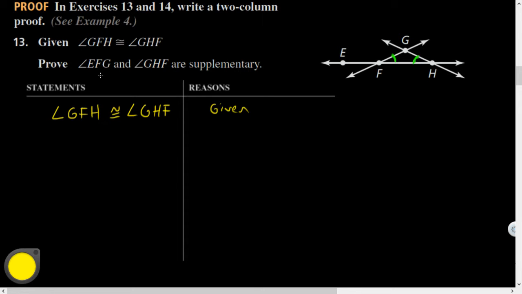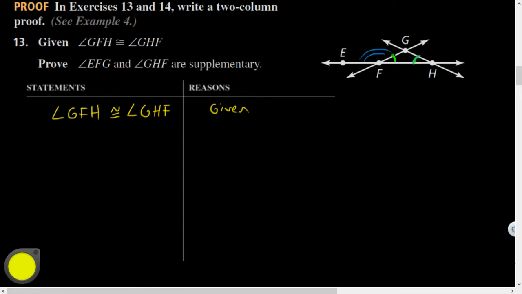They want us to prove that EFG, this kind of exterior angle, will be the name for that one in a moment, is supplementary to GHF. Okay, so they want us to compare it to this one eventually. So I think I've got a general strategy here.